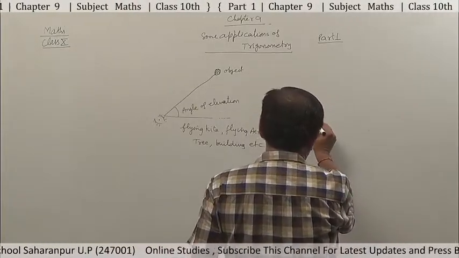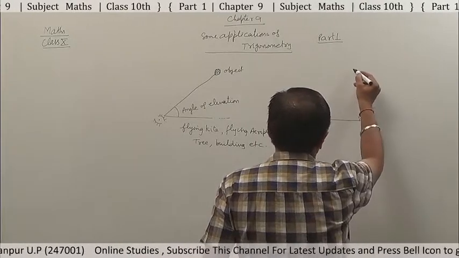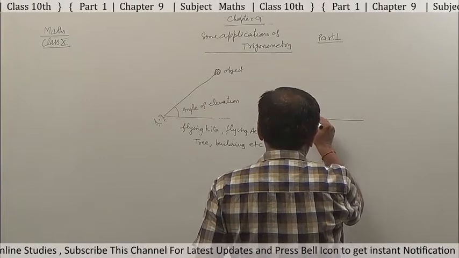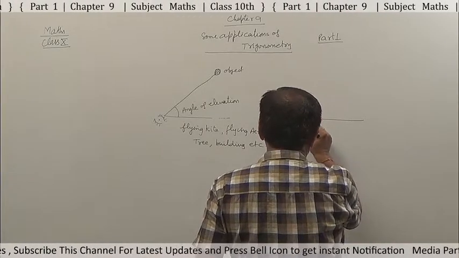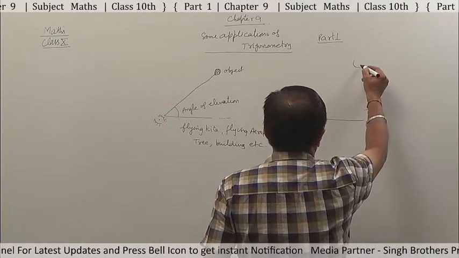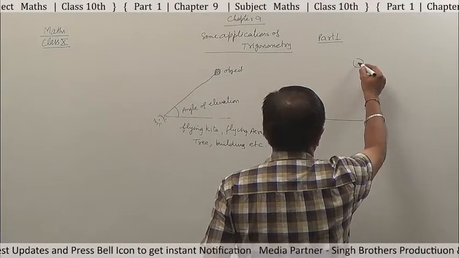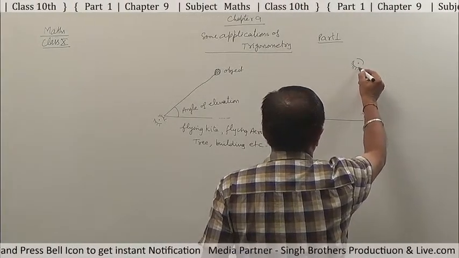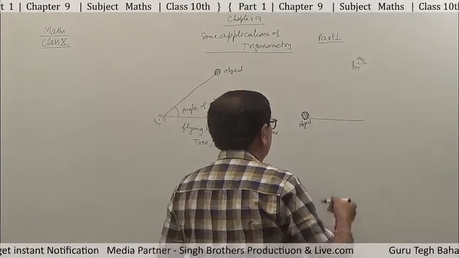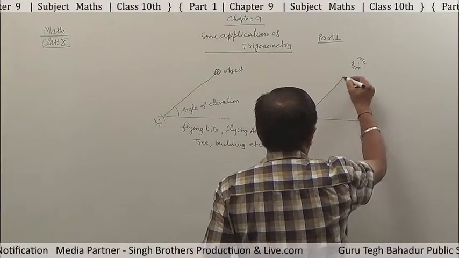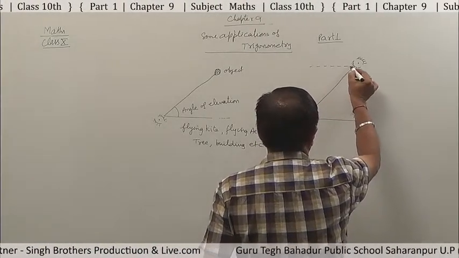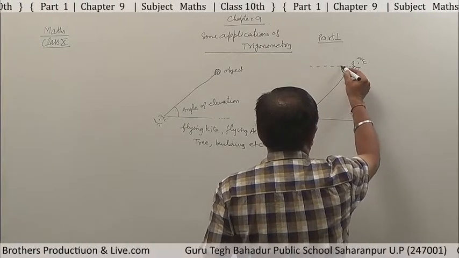When the object is on the below side, this is the object, and we see from upward to downward, that becomes this angle.